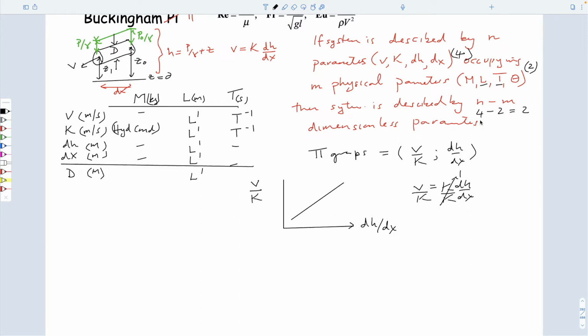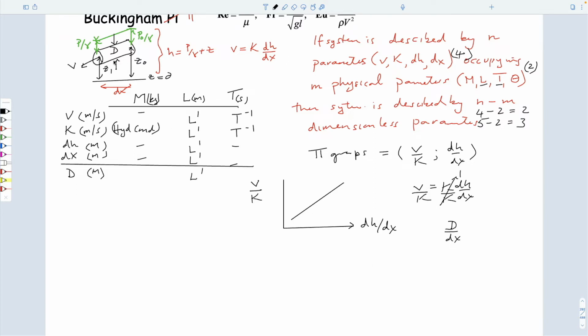So this would be 5 minus 2, be equal to 3. And so it would say that instead of having just 2 of these non-dimensional parameters, we have another one. So the other one would be something like, you could choose it. It has to be one of these length-only ones, because there's no time in this. So it could be that there's another parameter which is d over dx.